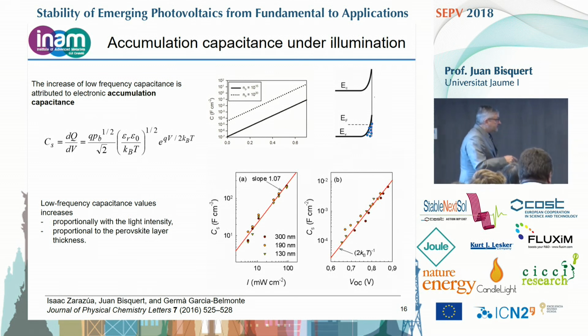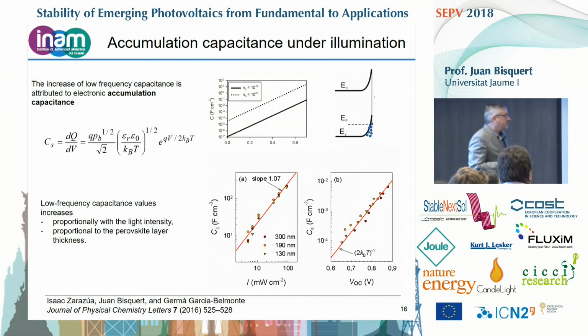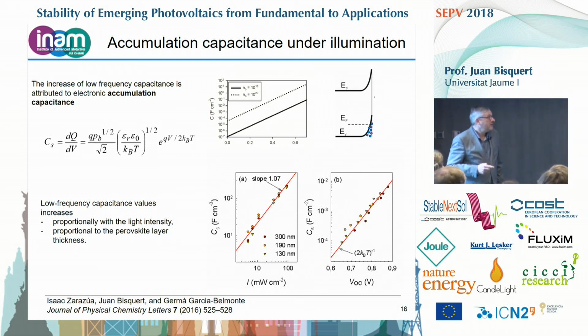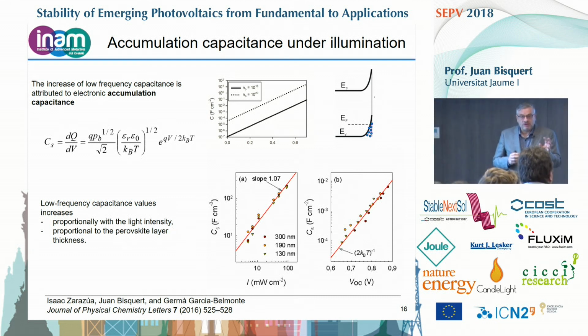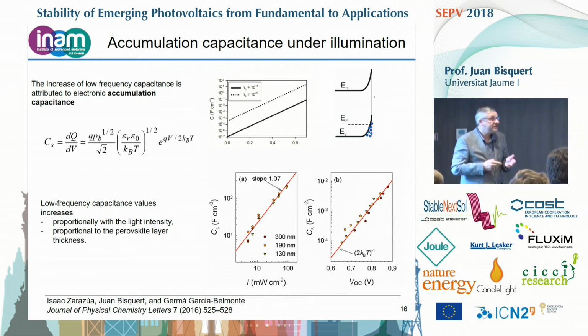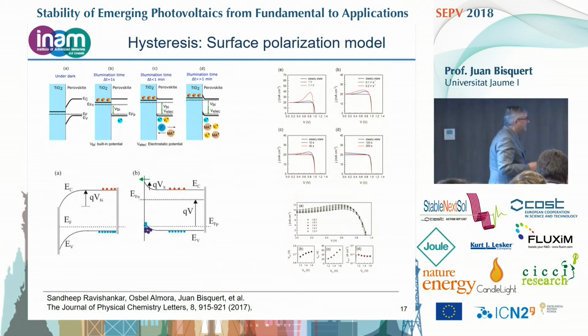In the perovskite, it's not limited by any series insulating layer, because it is conducting. So the capacitance can go very large, and then if you analyze this, we did with Germán, Isaac, Sarasua, there's a typical exponent 2kT in the denominator, and this was observed for the perovskite solar cell in some conditions, not always, because it's a little bit more complex, but we get the conclusion that under illumination you get a big polarization not only of ions but also of electronic charge at the interface.